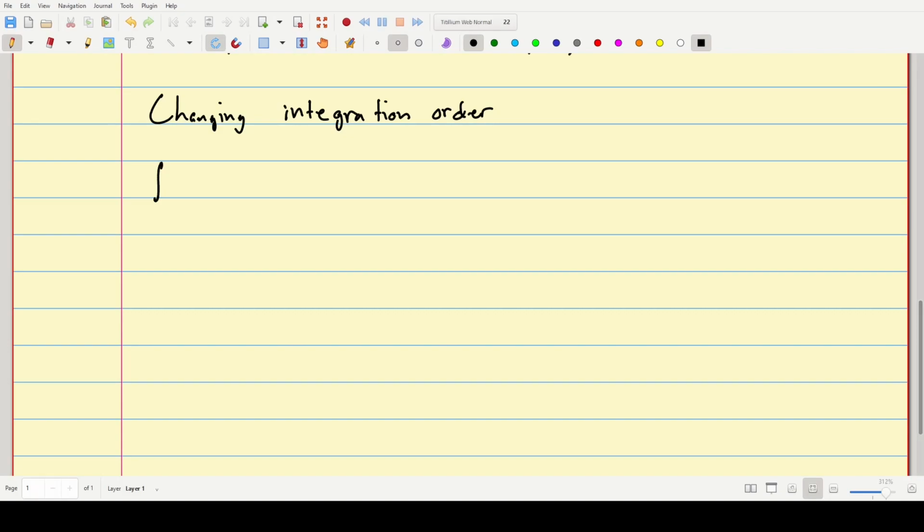Let's integrate this. We have the double integral over D of y dA.